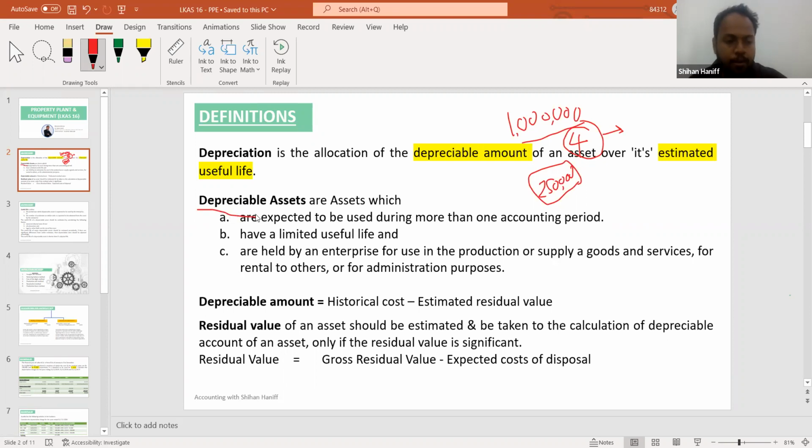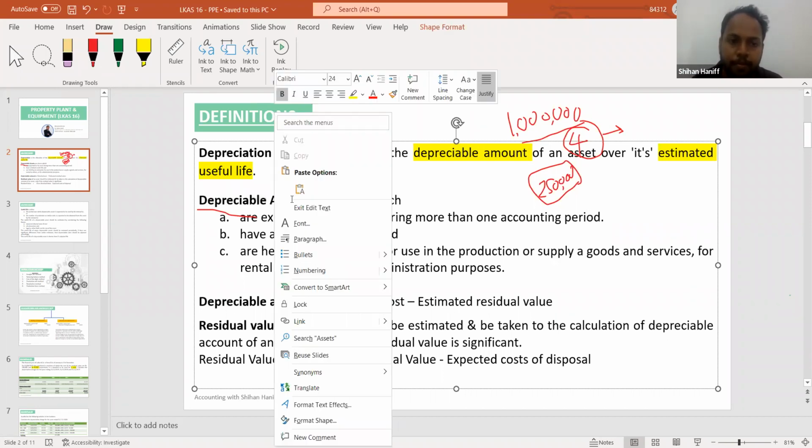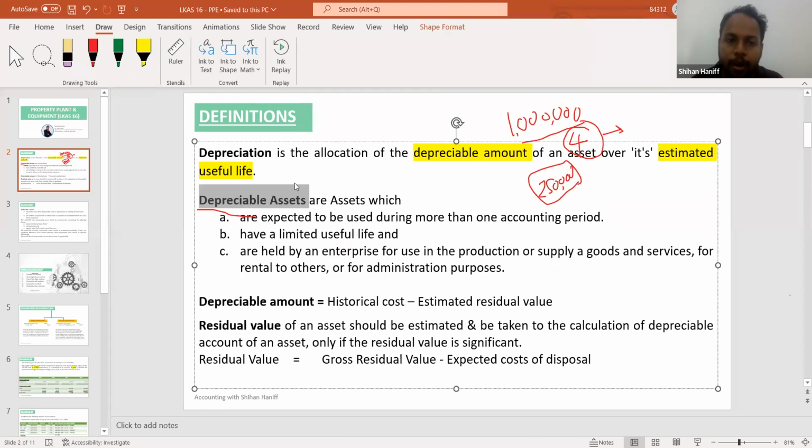Then the second definition is what is meant by a depreciable asset. Now, we don't depreciate all the assets, right? A business may buy different types of assets, but all the assets are not depreciable assets. So what are the depreciable assets?